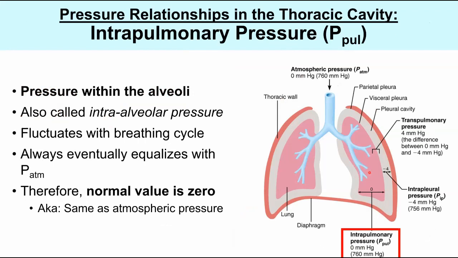Therefore, eventually the pressure here is going to equilibrate with atmospheric pressure. And so we say the normal value of the pressure inside of the lungs should be zero. Again, the other way of saying this is it should be the exact same as what the atmospheric pressure is.